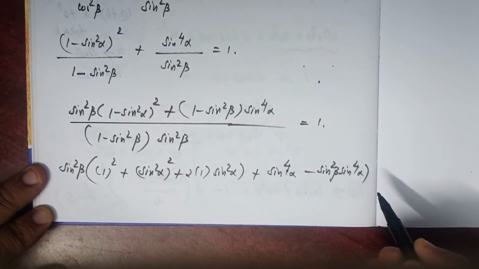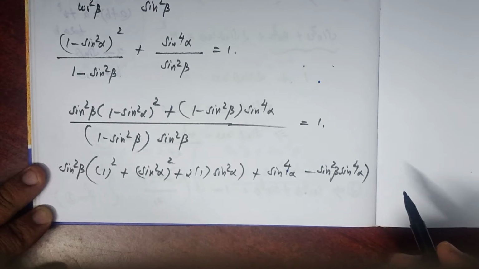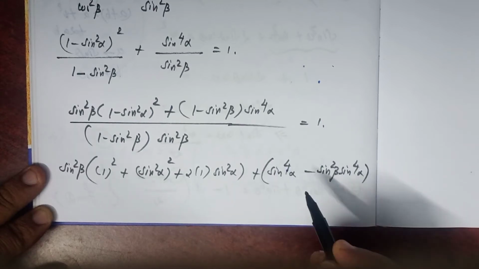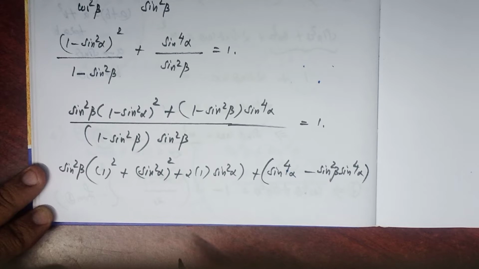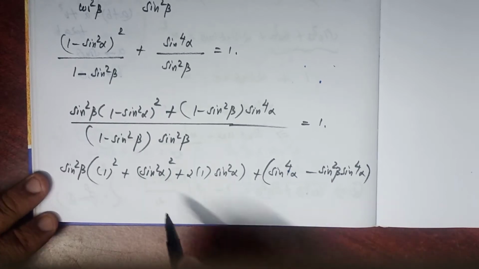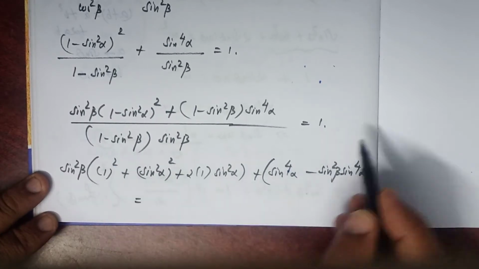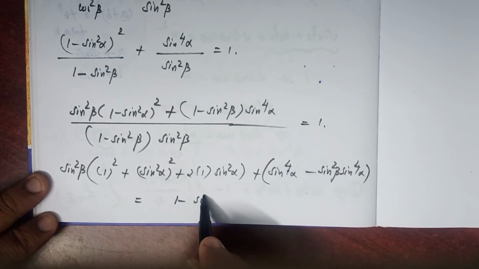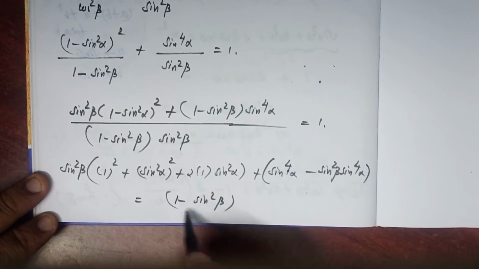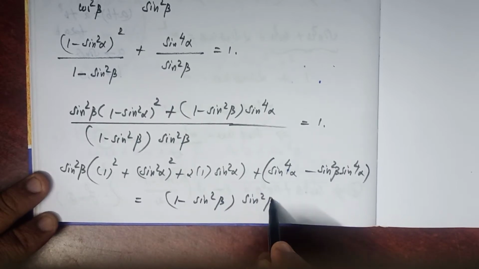Close the bracket. Divided by, that is equal to, you can cross multiply. If you cross multiply, you will be getting 1 minus sin squared beta into sin squared beta.